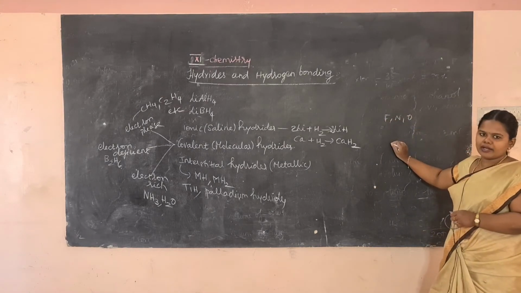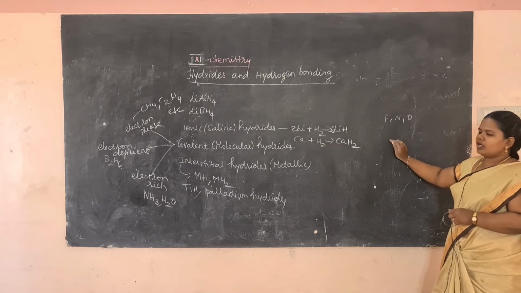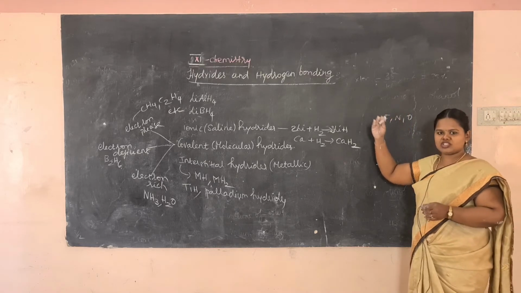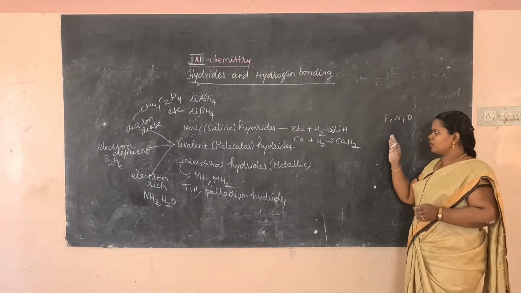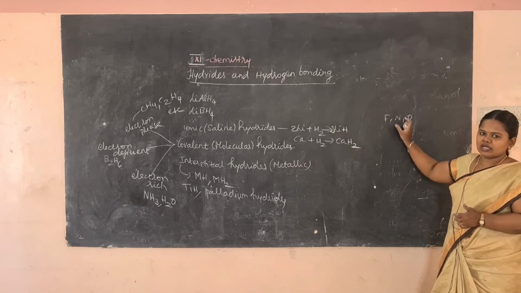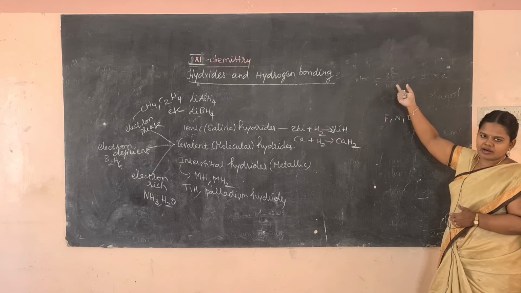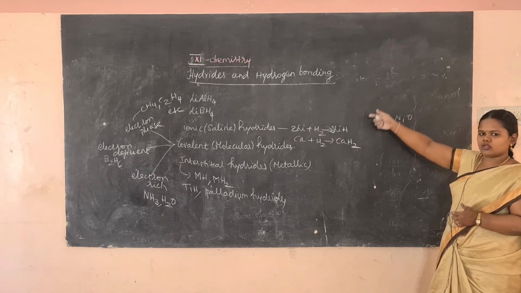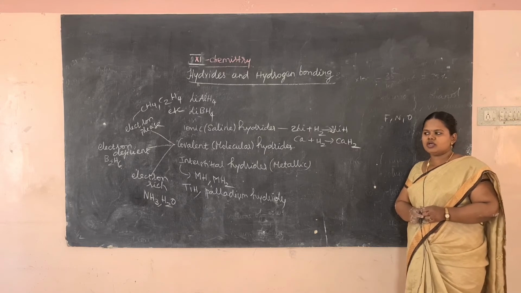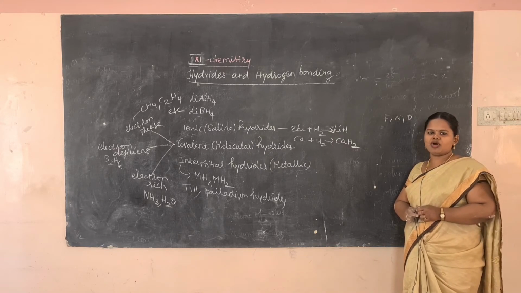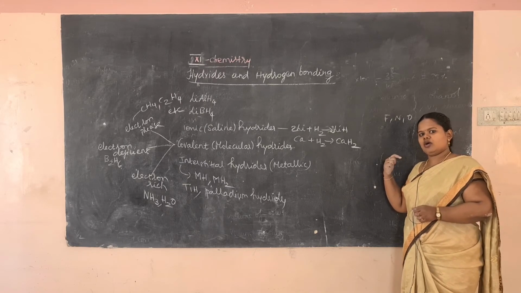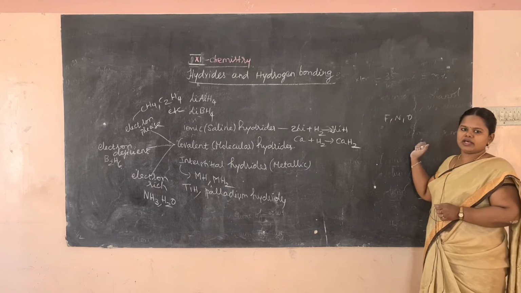When the hydrogen bond forms, the hydrogen attains a partial charge, so polarity is created. Then that hydrogen will form a bond with another atom. Compared to the covalent bond, this is not much stable or stronger than the ionic bond.